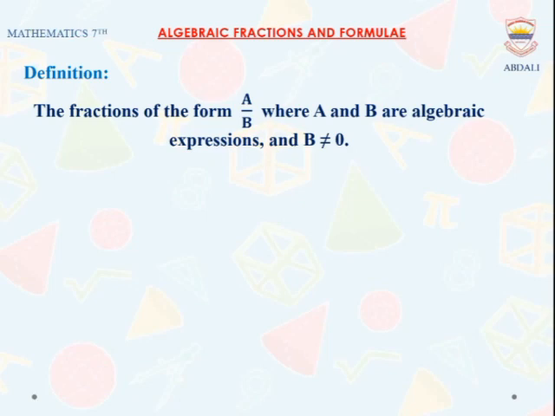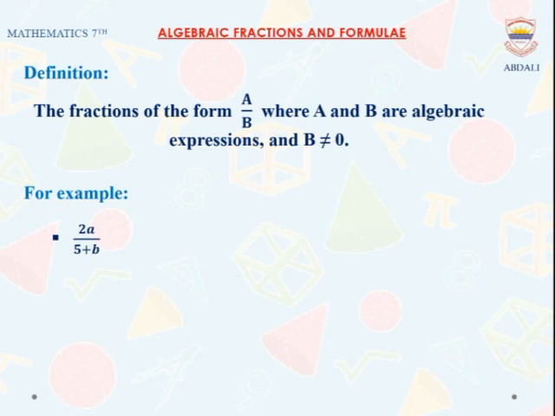The reason is, if the denominator becomes 0, then the answer of the fraction is not possible. It becomes infinite. That's why we should always write that the denominator can never be equal to 0. Now let's see some examples.